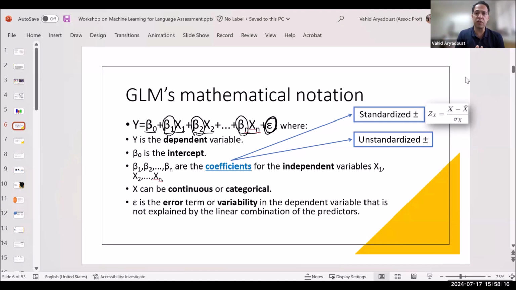In many of the videos that I have shared on my YouTube channel, I have discussed how you can standardize a variable. Basically, standardization is very easy, very straightforward. What you need is the standard deviation of your variable and the mean of your variable, these two.